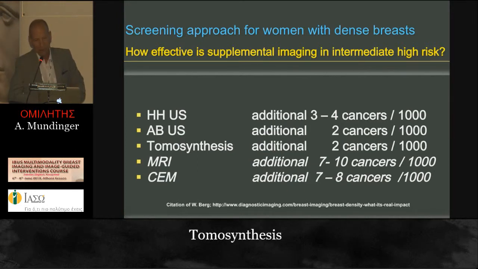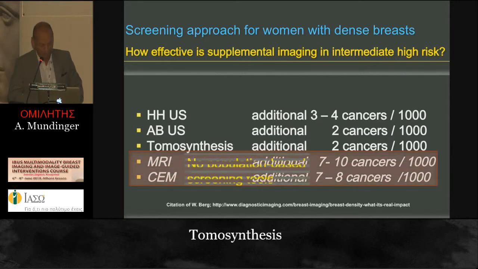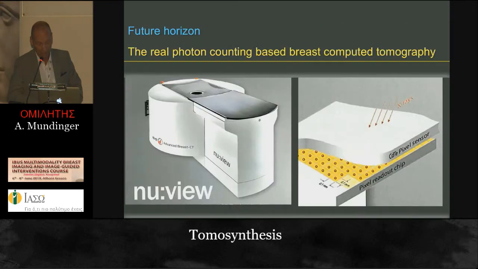But to be clear, administering contrast medium sometimes is not judged as a really screening examination. If you ask Tabar, for example, he really insists on that statement. So these are not population-based screening tools.